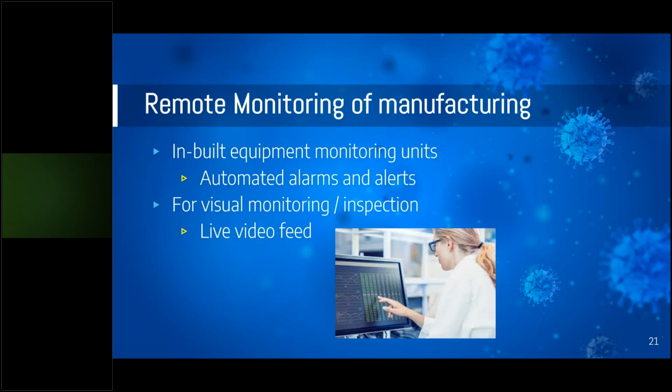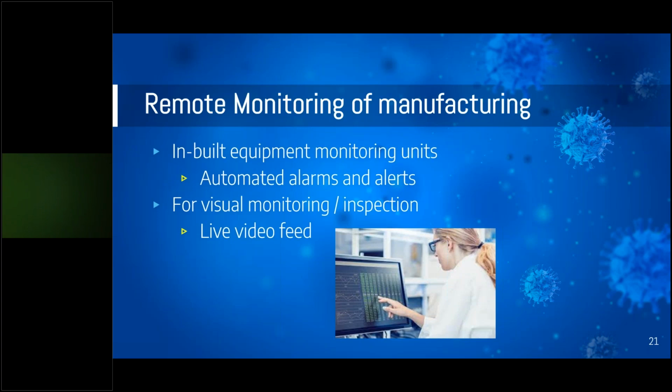Remote monitoring of manufacturing, whether it is the inbuilt equipment monitoring or the visual monitoring, both allow for real-time notification of any problem or anything out of spec. A way to create electronic records of when things are not what they should be is essential for audits and PAI, and an important aspect for supervisors or management who need not be on site but are important in decision making.